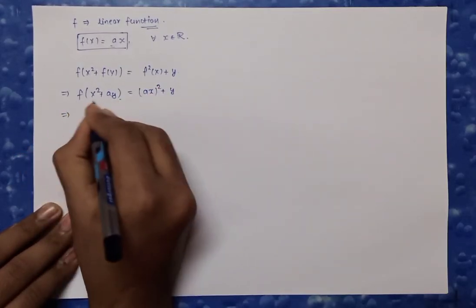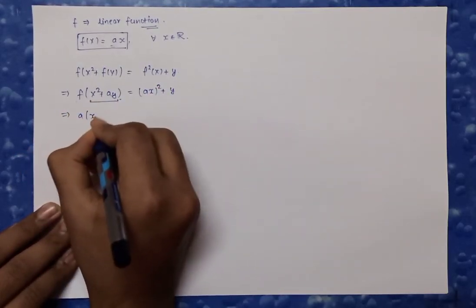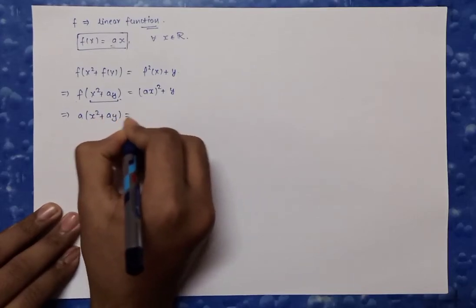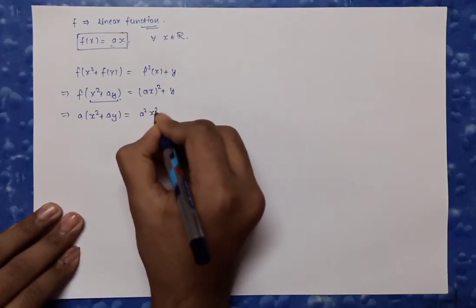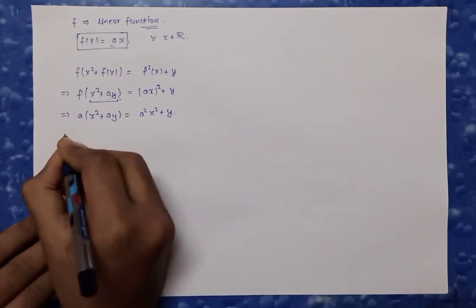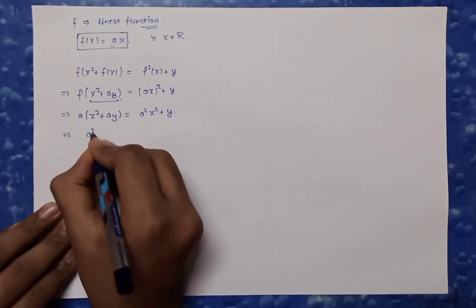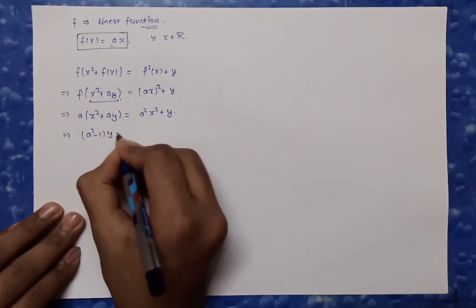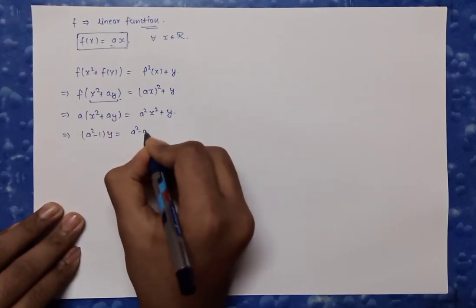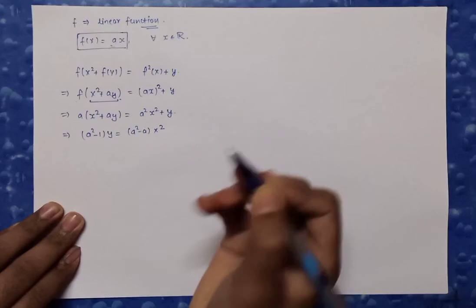Now f of something is ax square plus ay equals to a square x square plus y. If I rearrange it carefully, then I will get a square minus 1 times y equals to a square minus a times x square.